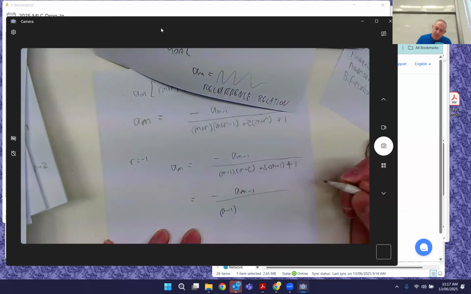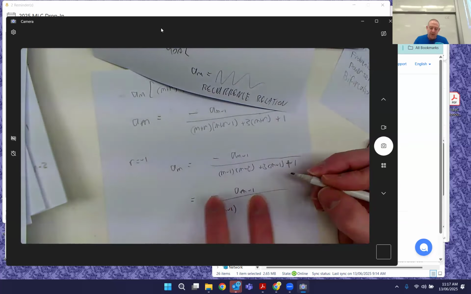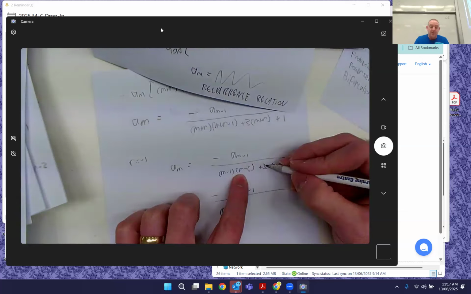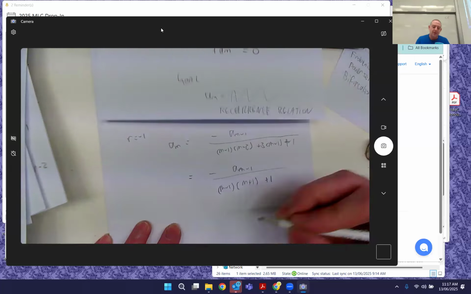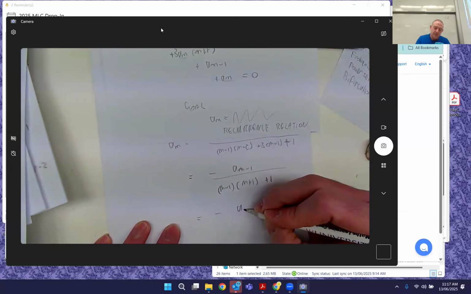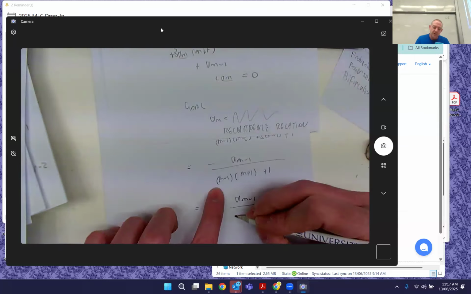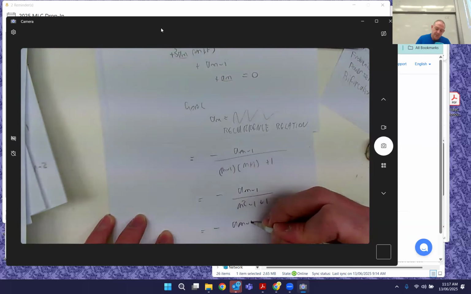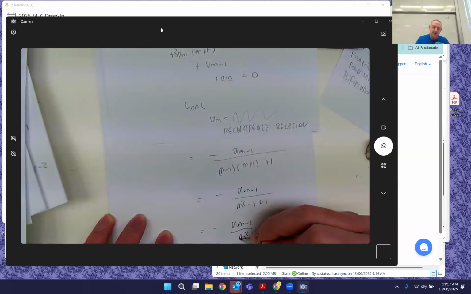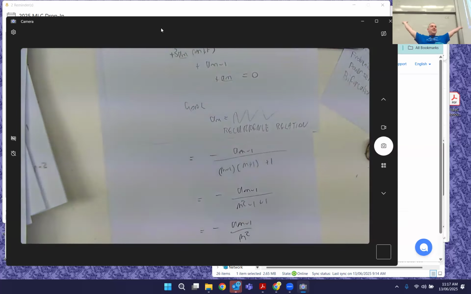If I factorize out the m minus 1 out of these two, I'm going to be left with an m minus 2 plus 3, which is m plus 1. So cool. And that's m squared over m squared. That's amazing. Wow. I did have good instincts today.